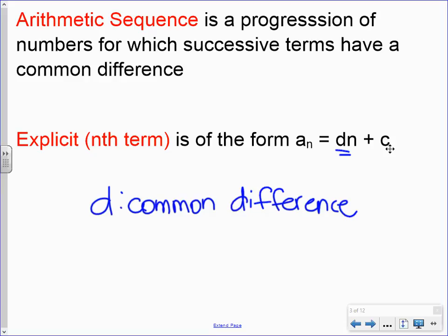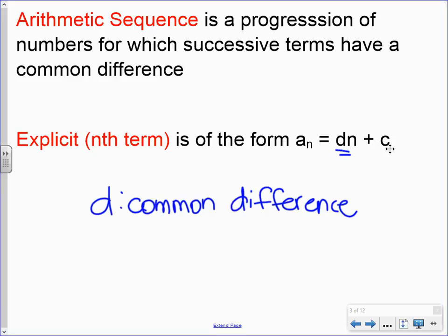Now, I'm not really going to give you a straightforward way of finding C. There's going to be a few different ways to find it, and we'll just talk about that as we do some examples.